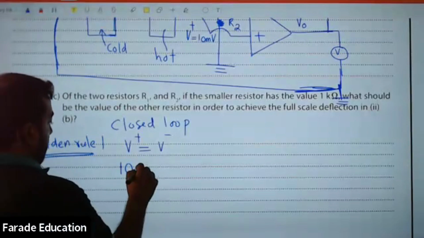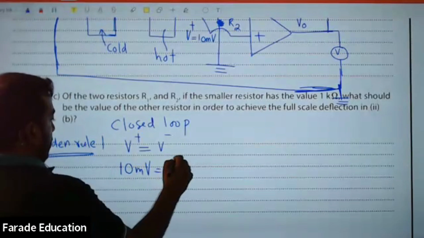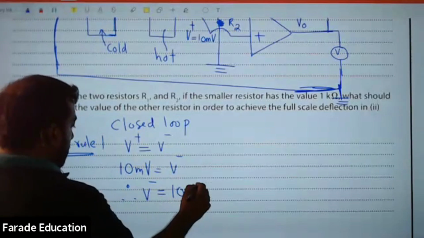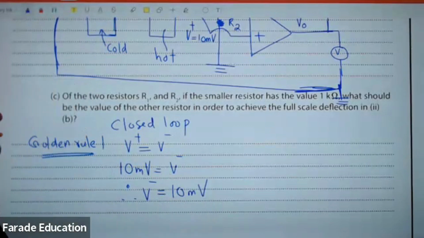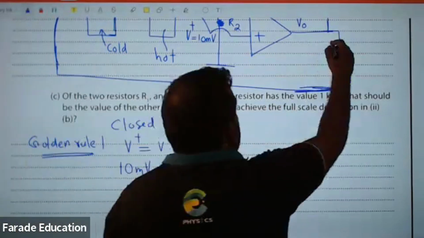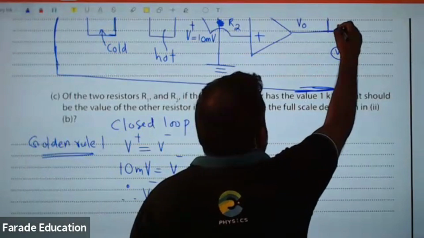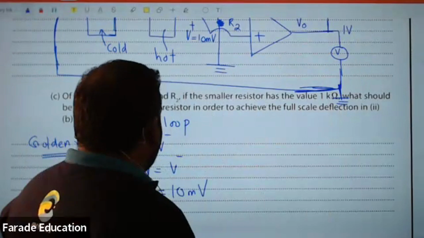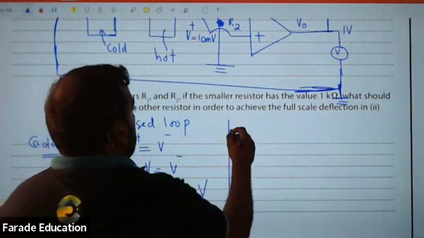V plus is 10 millivolt, so V minus is also 10 millivolt. I want a full scale deflection here, which is 1 volt, so the output is going to be 1 volt.